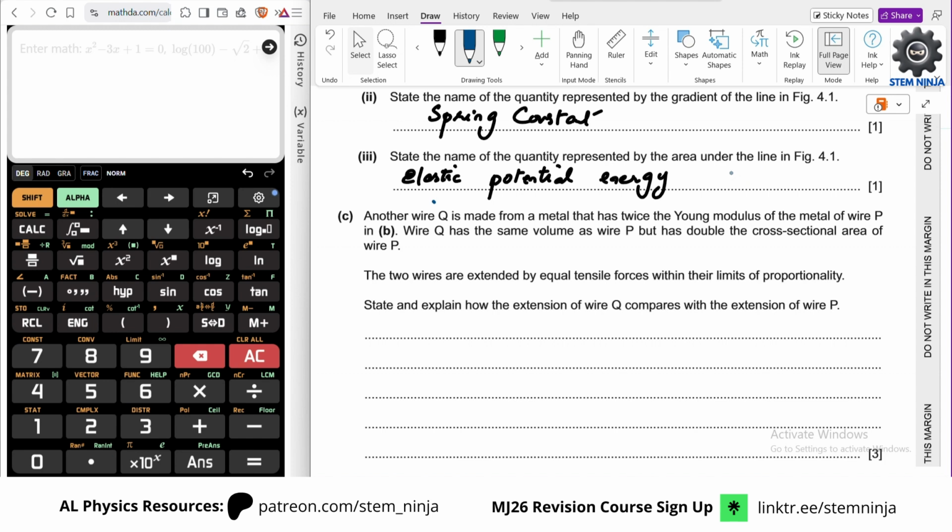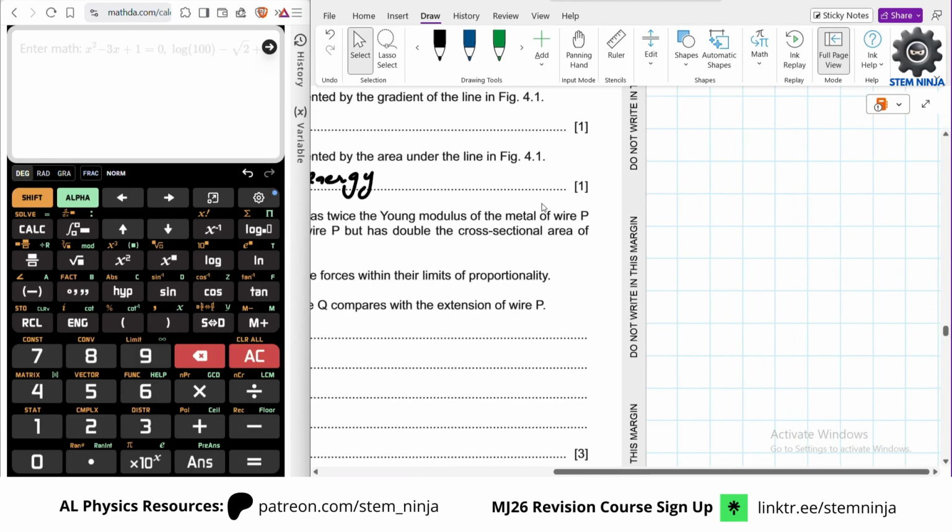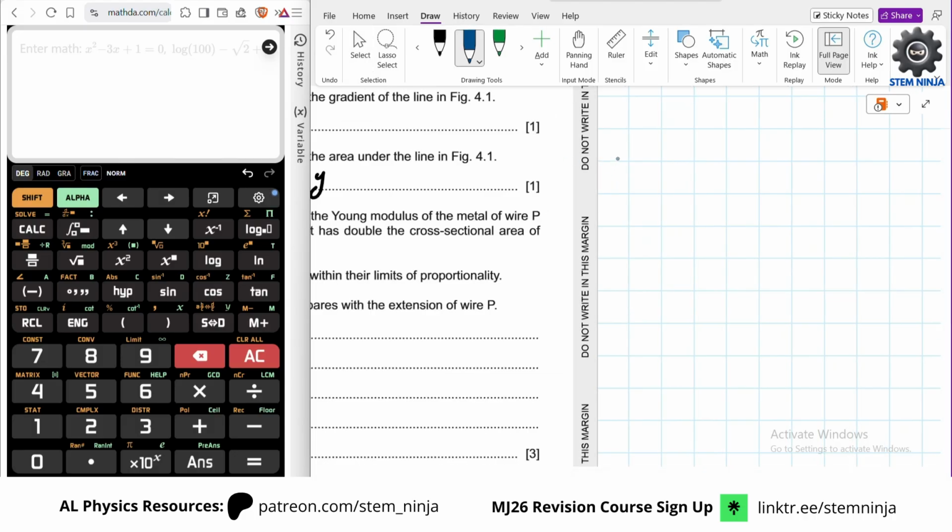State and explain how the extension of wire Q compares with the extension of wire P. Okay, so let's do some math over here. We know Young modulus is FL over AX once you do the stress over strain formula. So extension, how do we rearrange it? This would be FL over EA.